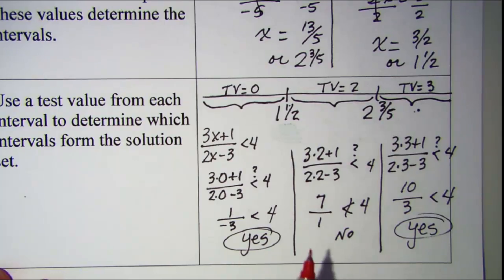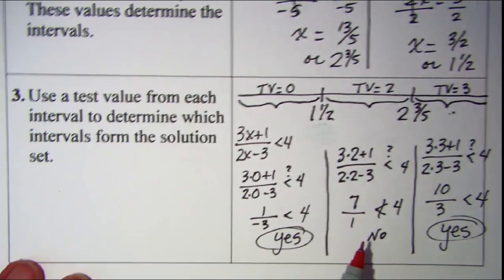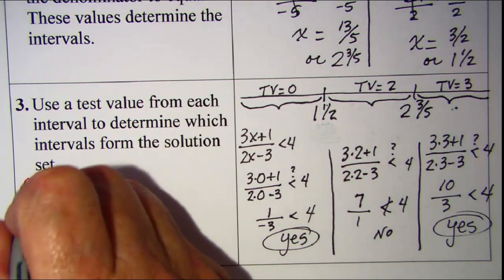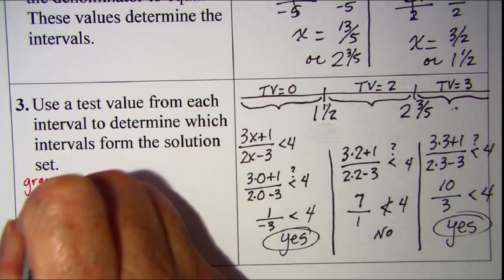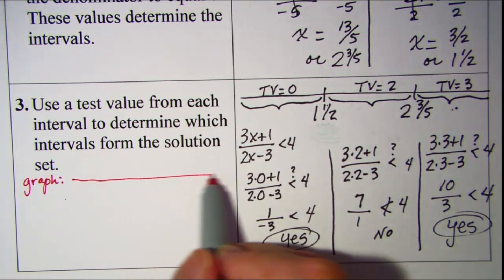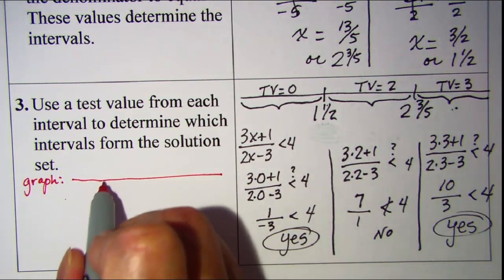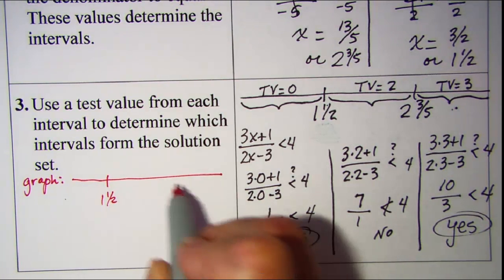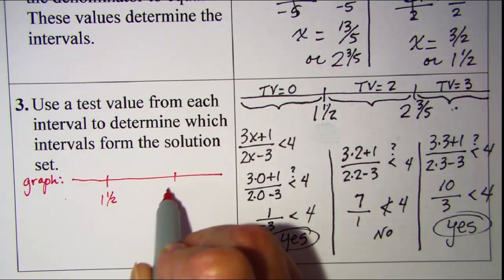So our solution set, we can write that in a number of different ways. If you're asked to graph it, we would need the number line, and we would need 1.5 and 2 3/5.